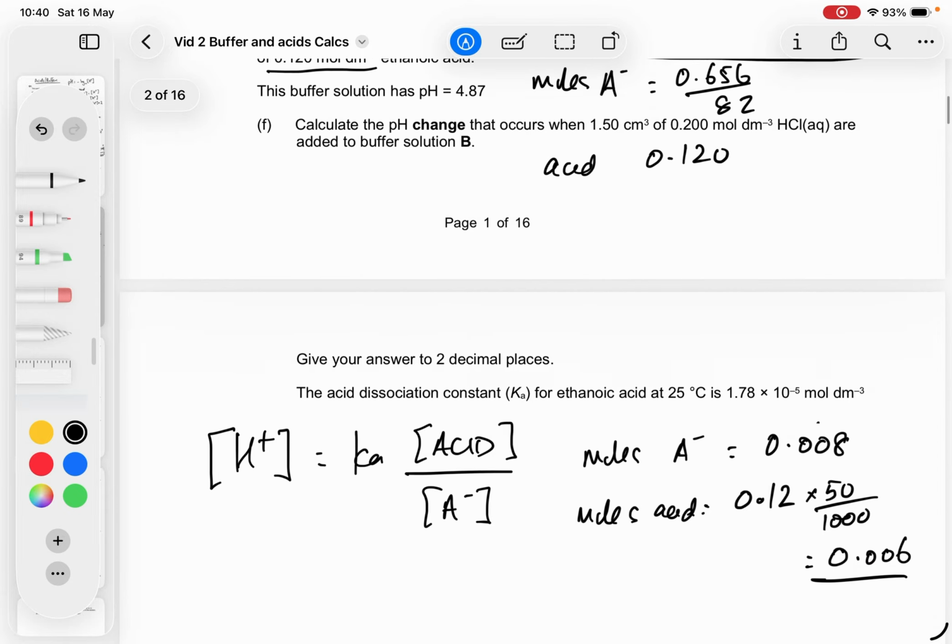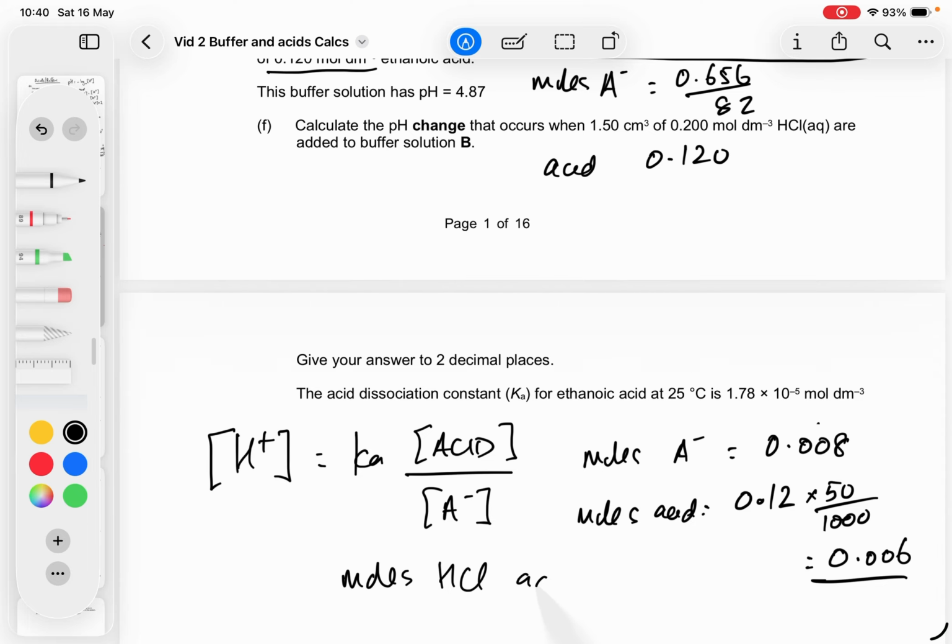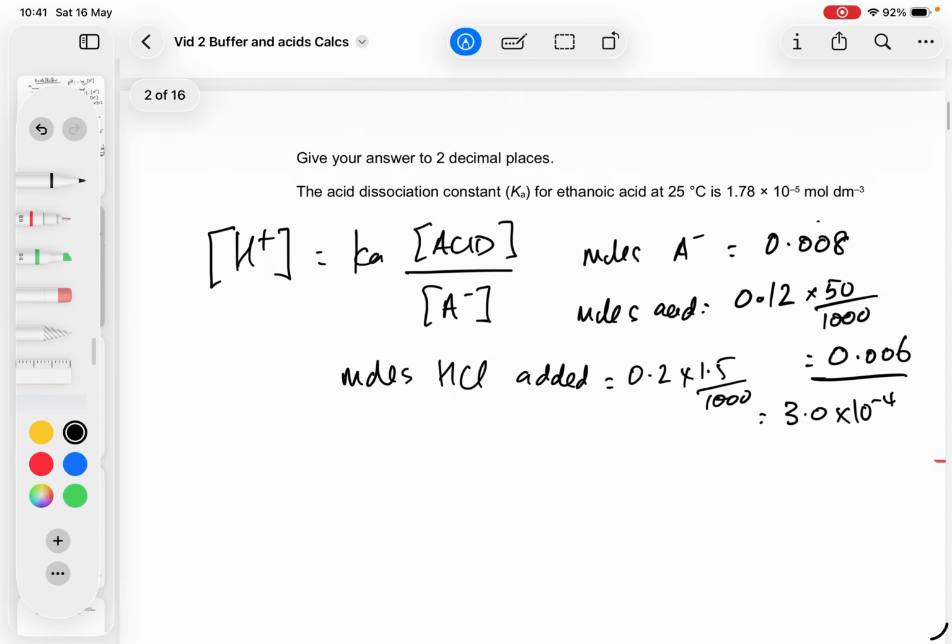And the moles of HCl added is 0.2 times 1.5 over 1000, and that comes to 3.0 times 10 to the minus 4. All of these are significant now.